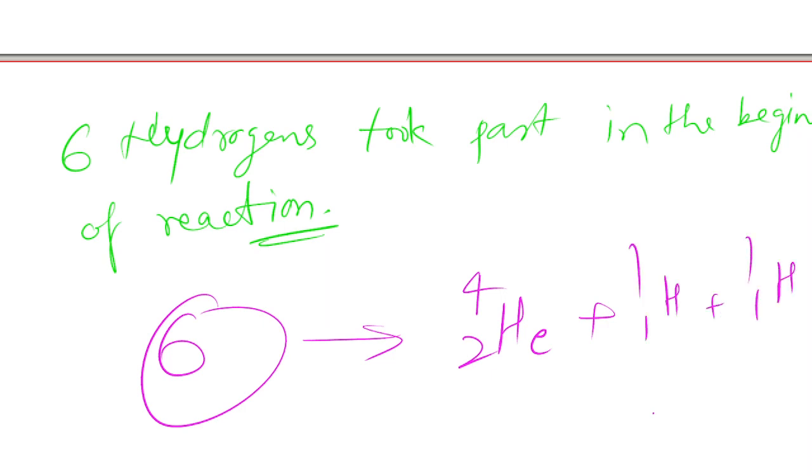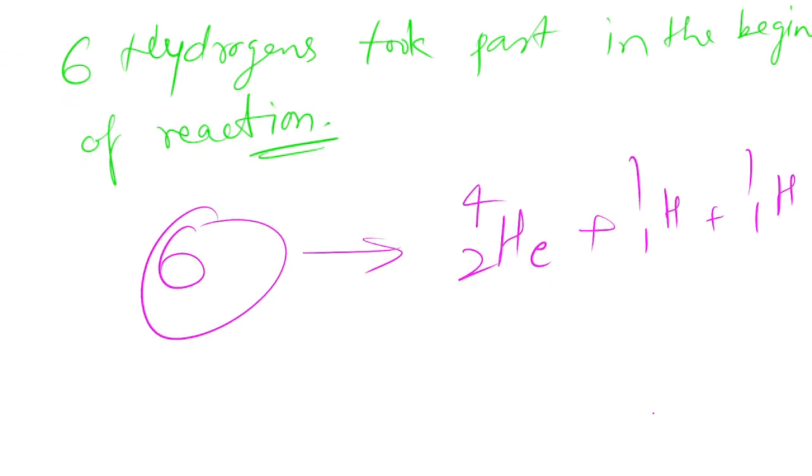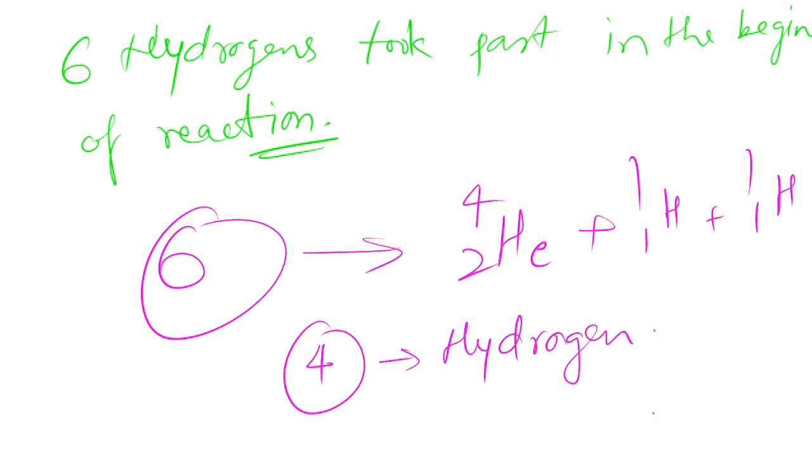So overall, a lot of energy was generated, but only 4 hydrogens were converted in the end, because 2 were returned back. Okay?